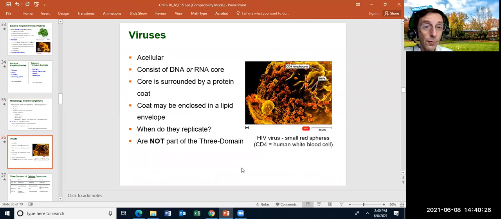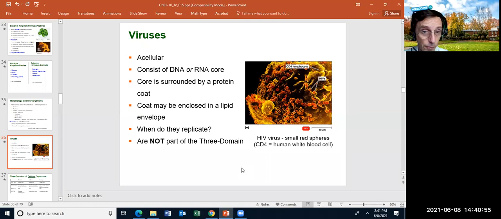Let's talk a little bit more about viruses. We did mention that they are a microbe. They are acellular, meaning they lack cells. They do contain a genome, but their genome is different in that it could be DNA, but it could be RNA. And it's never both. It's either one, DNA, or RNA. It's never both.